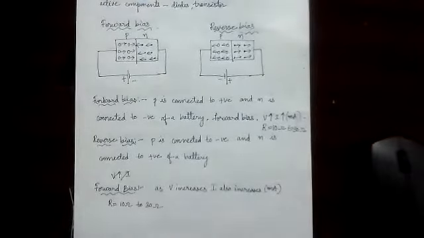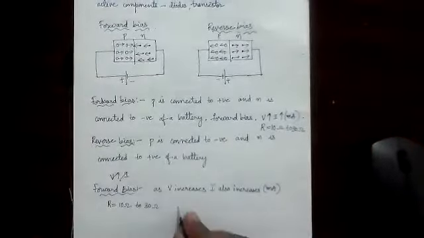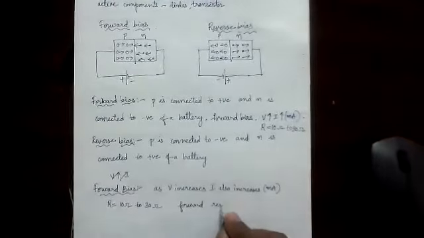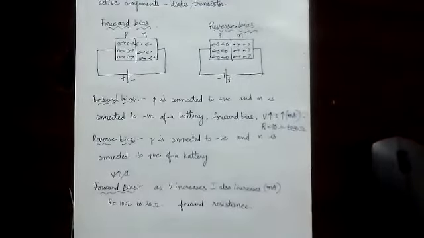That is forward bias. This resistance is known as forward resistance, and the current is in milliamperes.